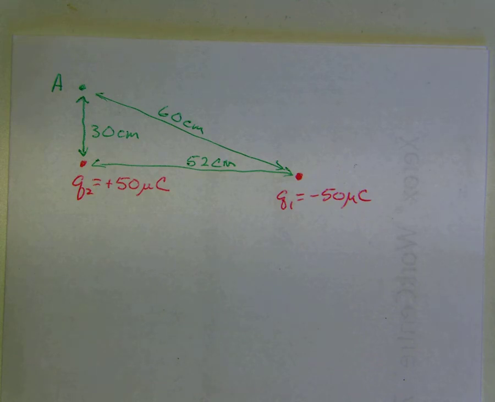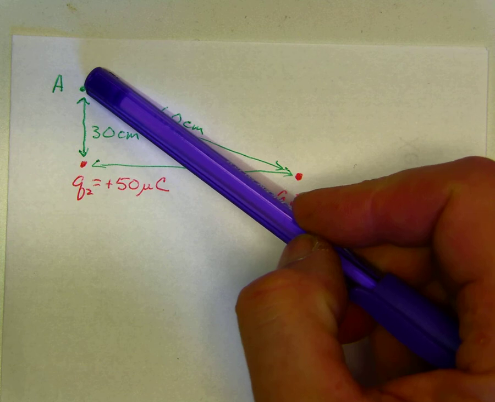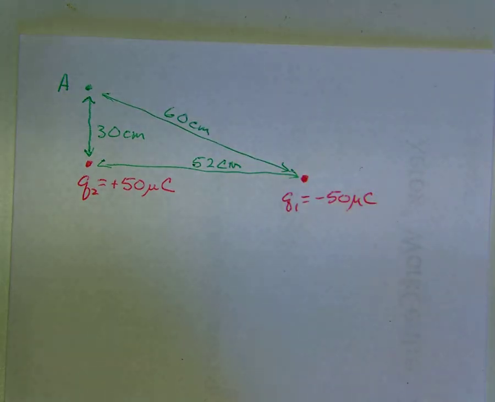Actually, what we're going to find is the electric field, because there is no charge there at point A. The process would be the exact same if we were finding a force, except we'd have a charge there. Before we start doing calculations, tell me what you know about an electric field and which direction it might be going at that point and why.